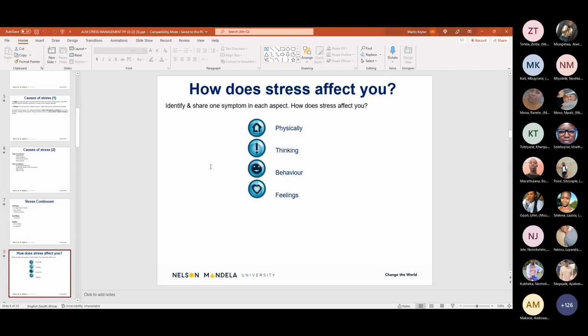There are two assessments that you can do, one in a textbook and one uploaded on the Moodle site. But also reflect for a moment on how you experience stress. What is your unique combination of those four components?